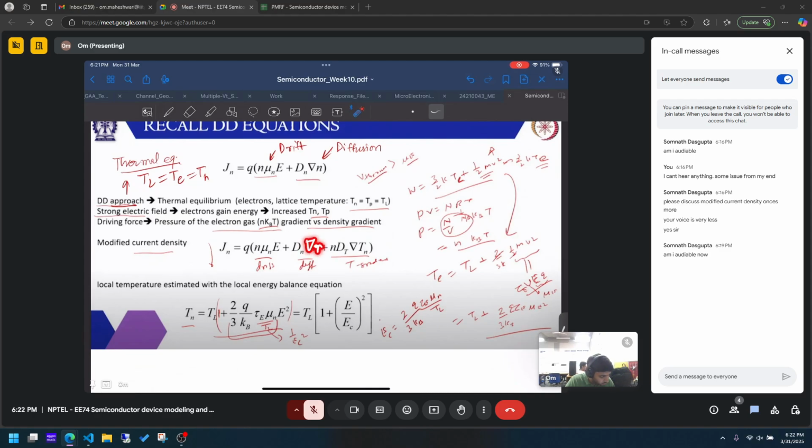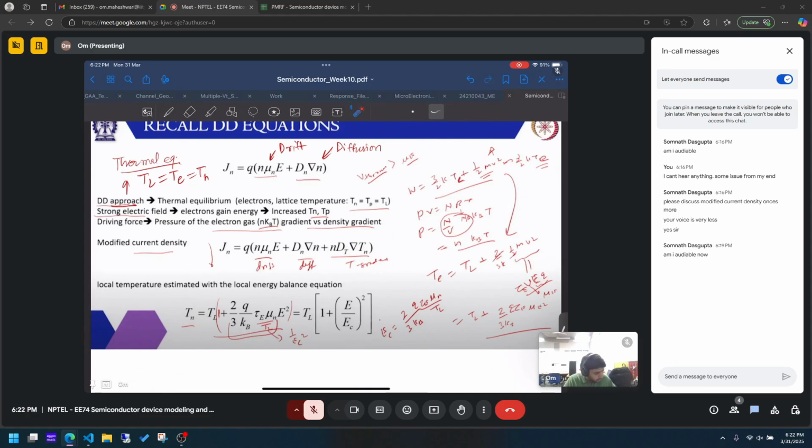It's very similar to diffusion, just instead of concentration gradient we have a temperature gradient. And this is a model to calculate the temperature of the electrons.